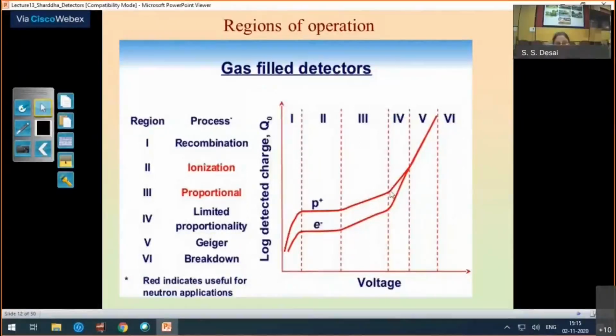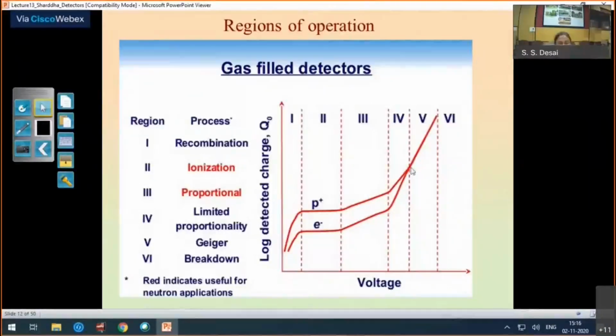When a space charge is created, your electric field deflects, and it is no longer proportional to the incident radiation. Beyond a certain voltage, again, the avalanche is such that it is a self-limiting process. Any amount of initial charge will give you the entirely same amplitude of the output pulse.